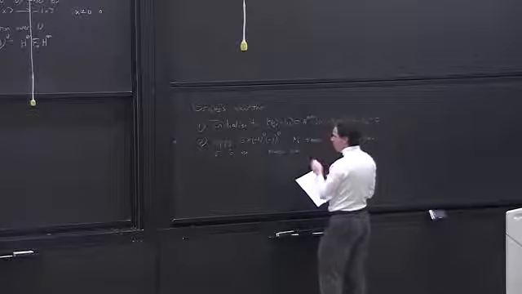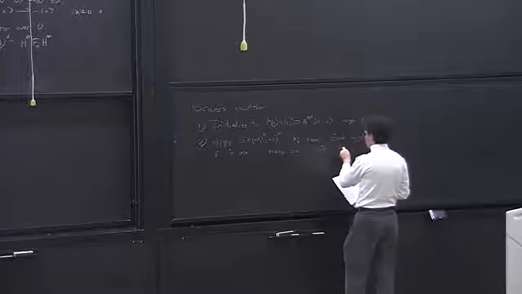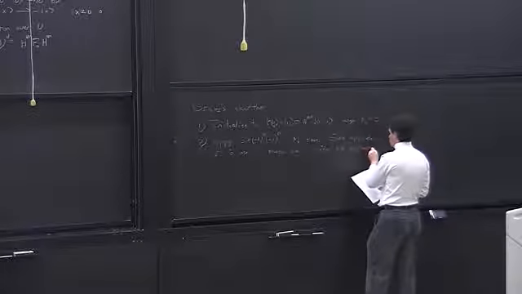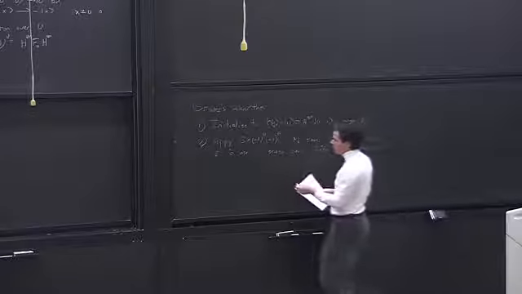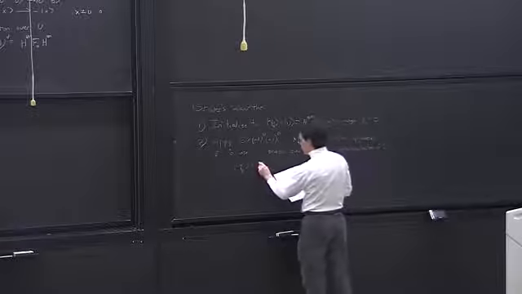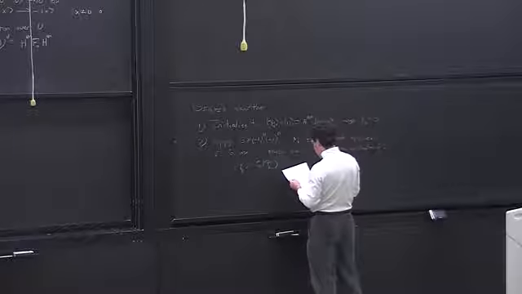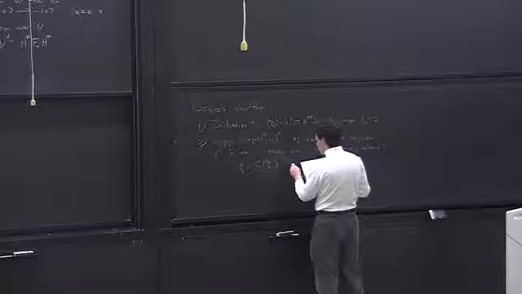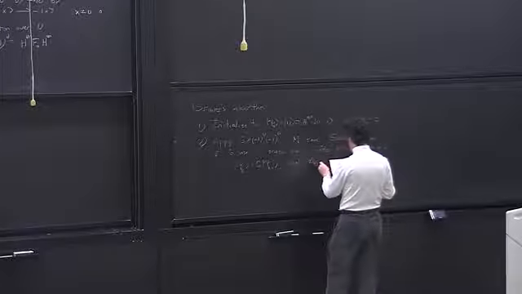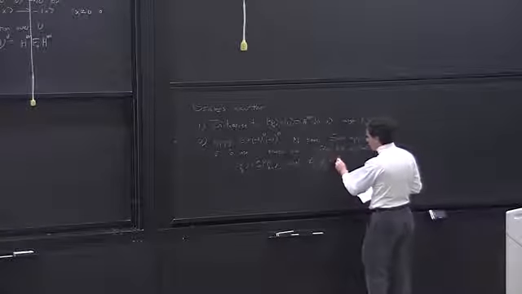And so each application of G uses one oracle call. After the k-th application, we have the state psi sub k, which is G psi sub k minus 1 by definition. And the angle phi sub k, by the argument over there, is phi sub k minus 1 plus 2 times theta.